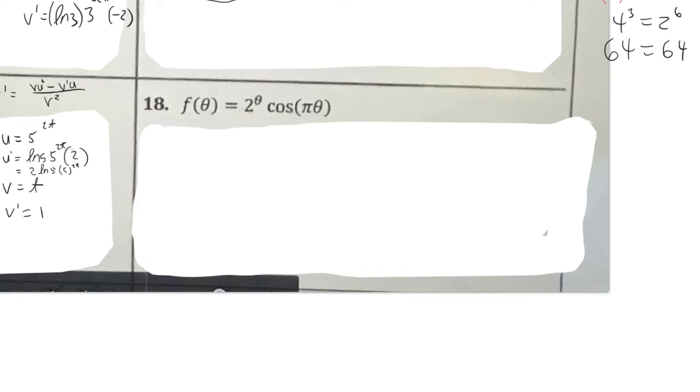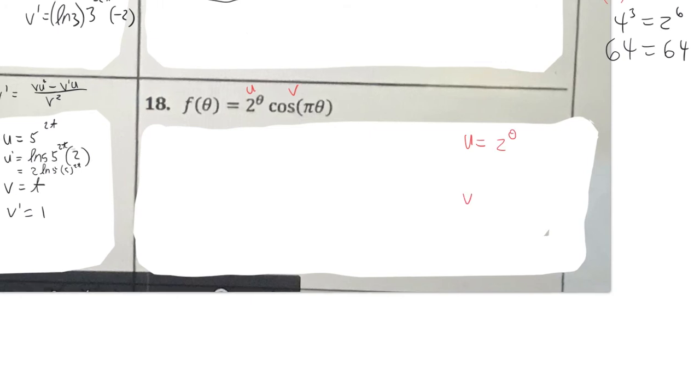This is clearly going to be a product rule. You have u and you have v. So we'll write that off to the side. U is equal to 2 raised to the theta. V is equal to cosine of pi times theta. And u prime is clearly going to be ln of 2 times 2 to the theta. That's all there is to that one.